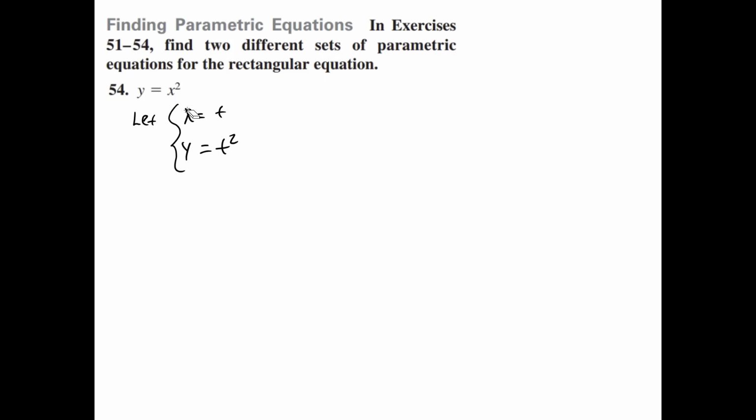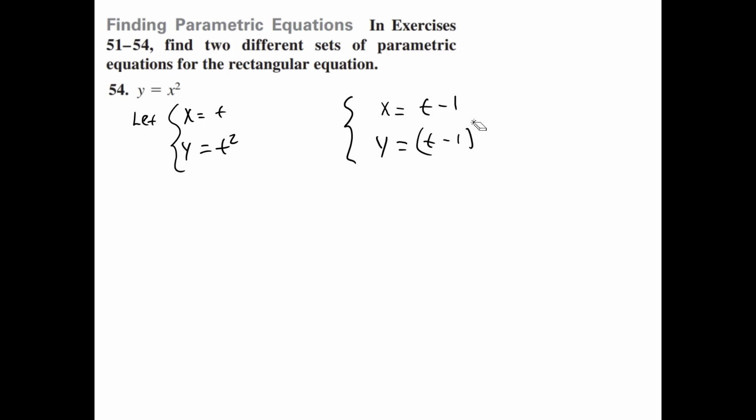If I try the same thing that I did last time, then when I go and try and solve for y, it's going to be a little confusing because of the square root. So here's another thing we can do. There was no reason why we let x equal t other than it was easy. So we can let x equal t minus 1. And so then for y, I just go to my formula and I replace x with t minus 1.